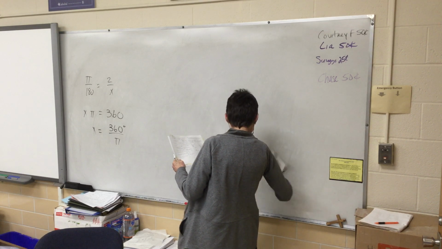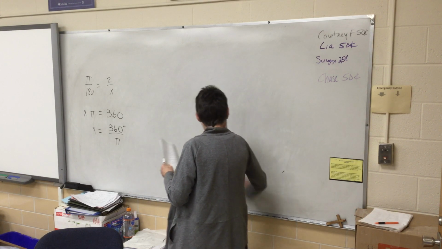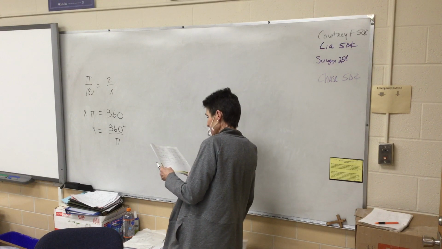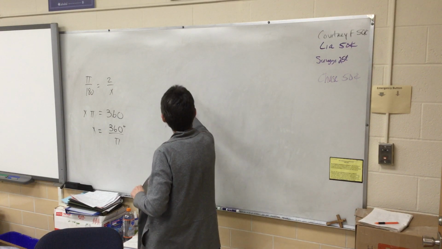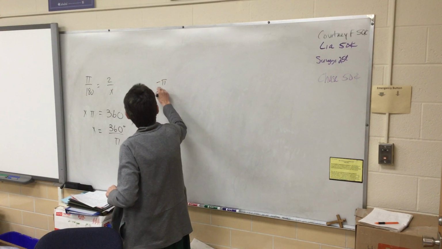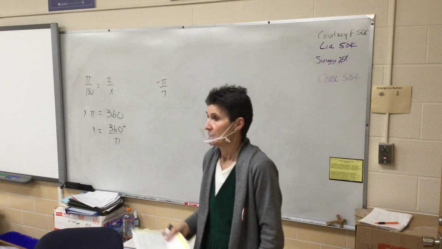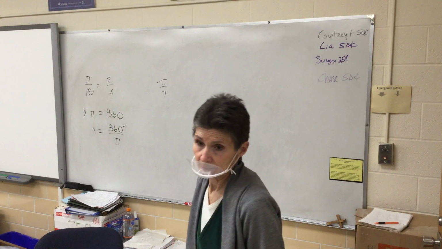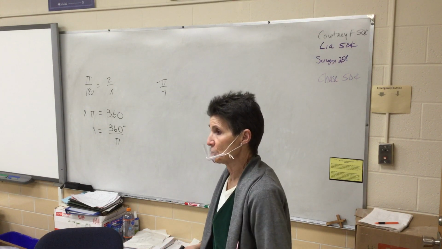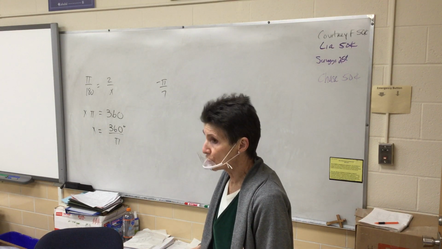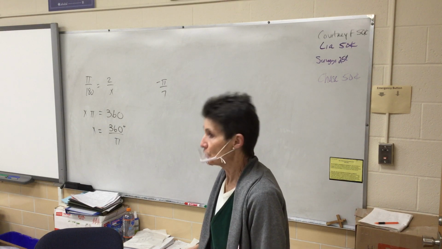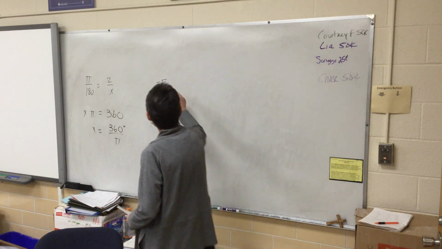Oh, this was on your quiz too. Find a negative coterminal angle for negative pi over 7. How do we find coterminal angles? Add or subtract revolutions, right? This is a radian measure. What's a revolution in radians? 2 pi. So I'm simply going to subtract 2 pi.